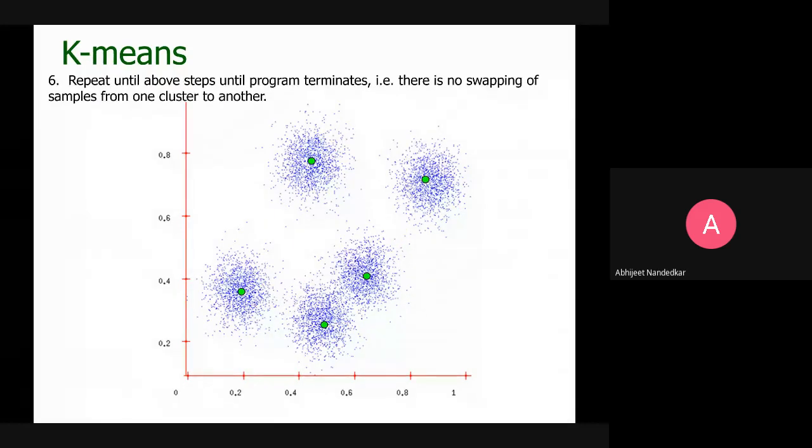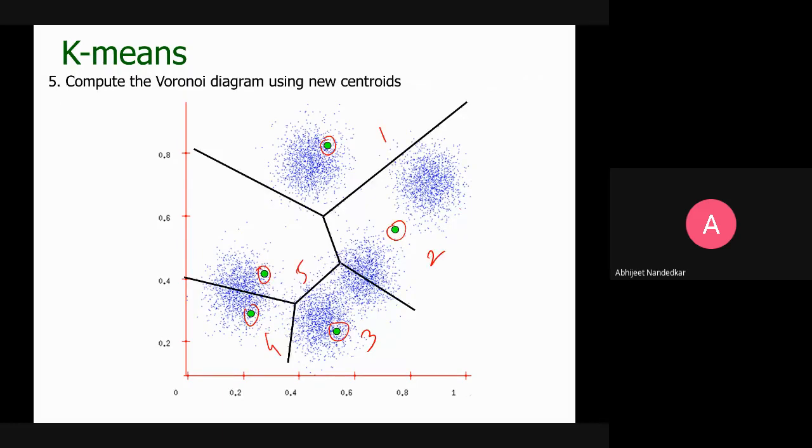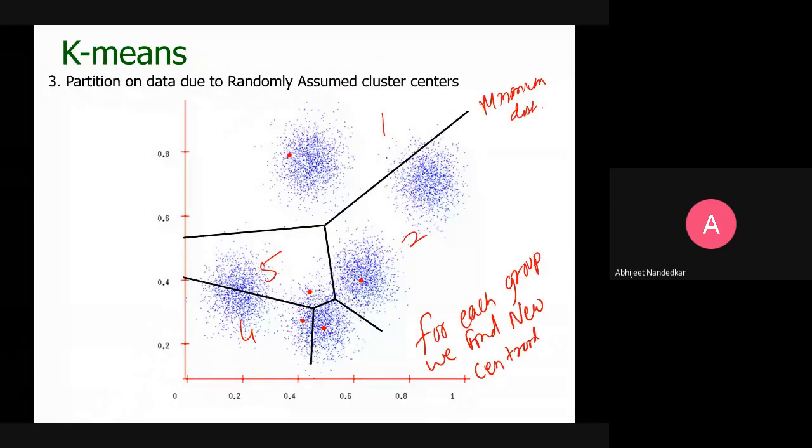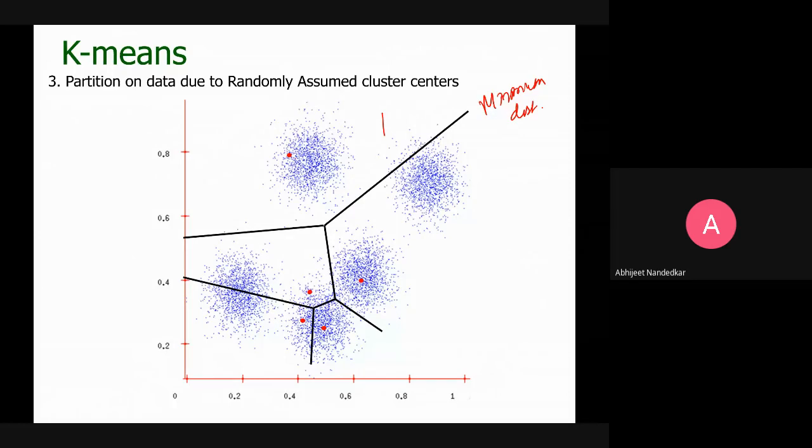Sixth step is repeat the above procedure till your program terminates and there is no swapping of samples from one cluster to the other cluster. You can see here, once I randomly assume centroids, these were my centroids for each group.